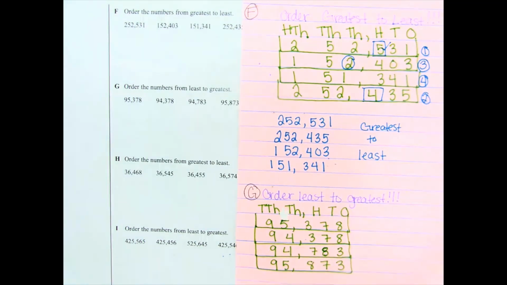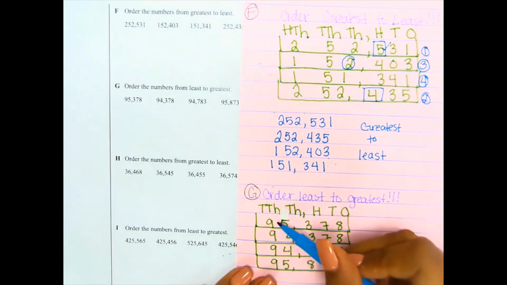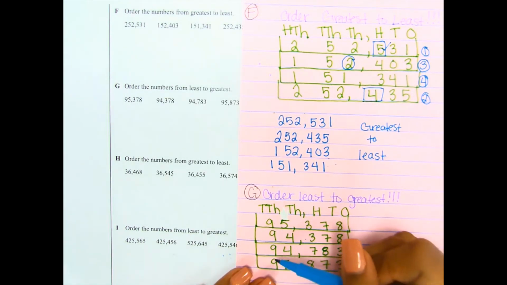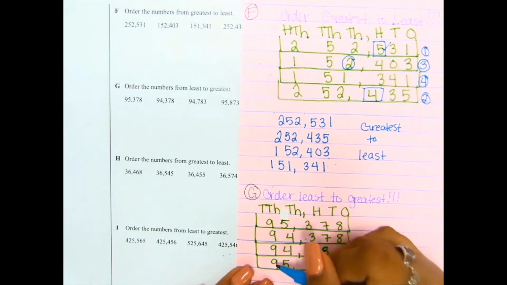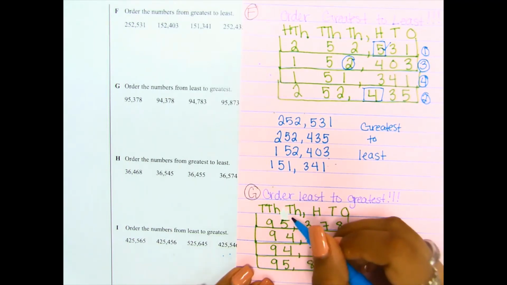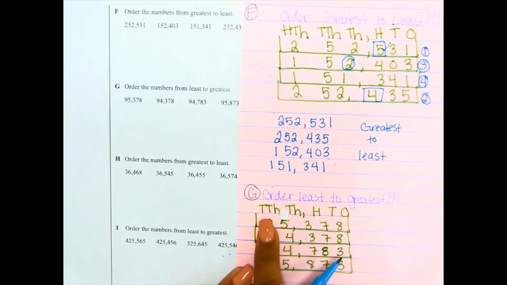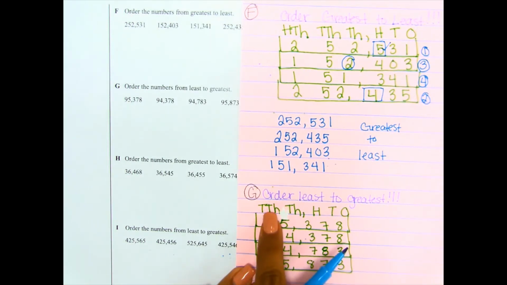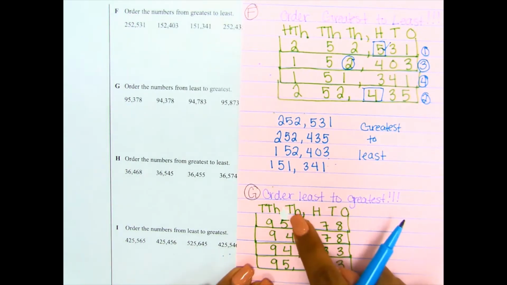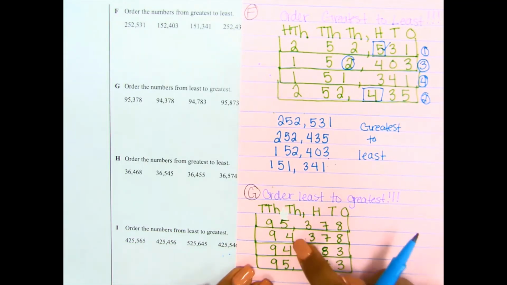So now let's see. I have a 9 in my 10,000s. I have 9s in all of them. So they are all equal. So I can't compare. So I have to go to my next place value. And remember, we started at our 10,000s place because that is our largest place value. So then we go on to our thousands place. I see that there's a 5, a 4, 4, and 5.